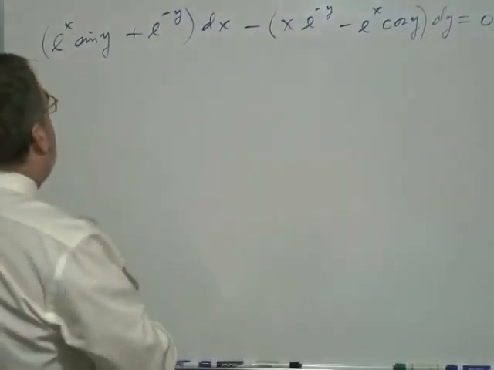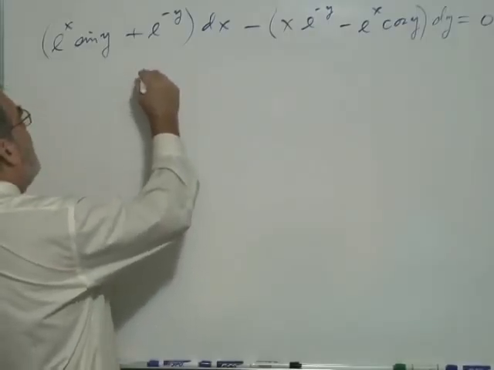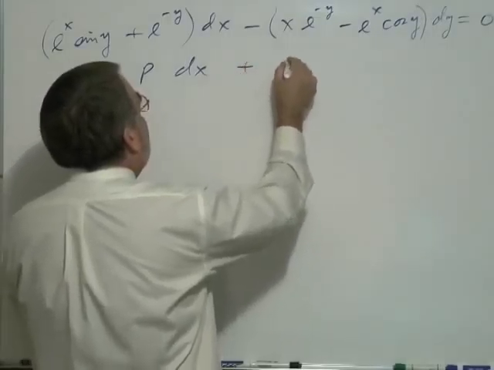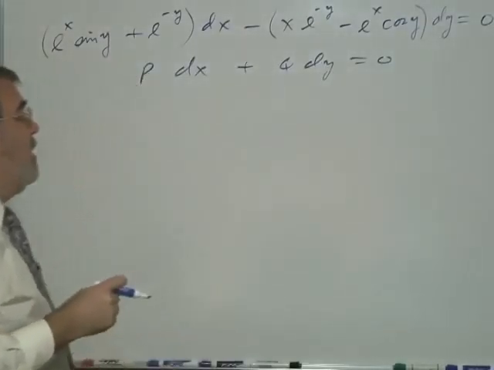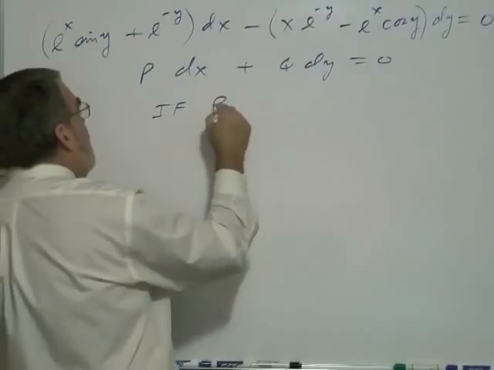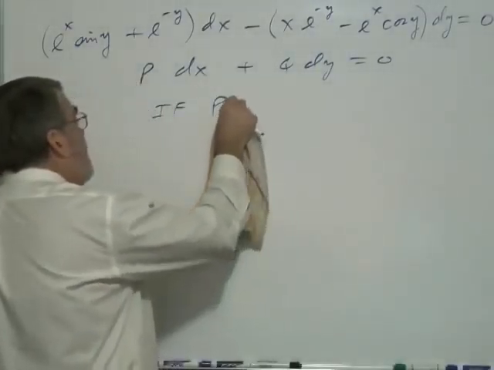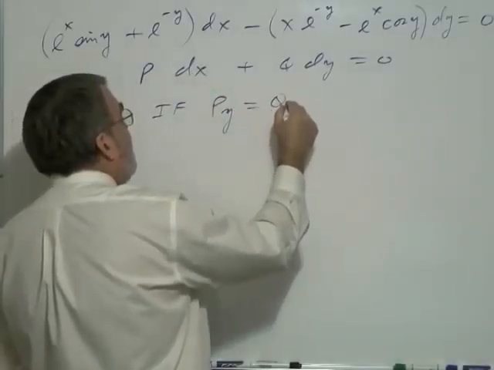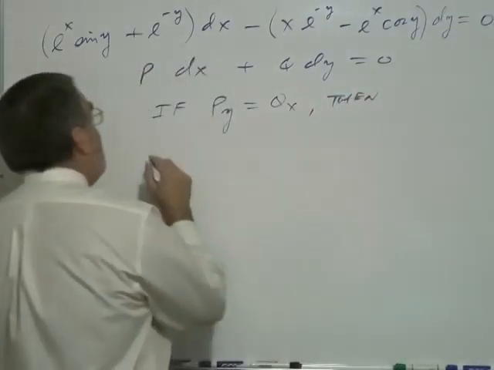So remember, let me go through the technique again. We think of this as p dx plus q dy equal to 0. And if the partial of p with respect to y, sorry I got that wrong here, let's make that a y, is equal to partial q with respect to x, then it's exact.